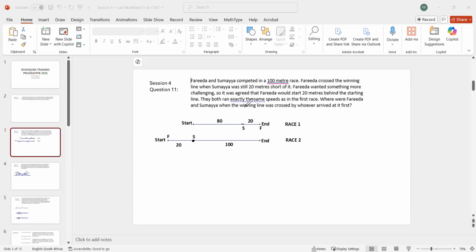Right? The question now is, where were Farida and Sumaya when the winning line was crossed by whoever arrived at it first? So we want to know what happened here. Who won the race? Farida was 20 meters behind, note.